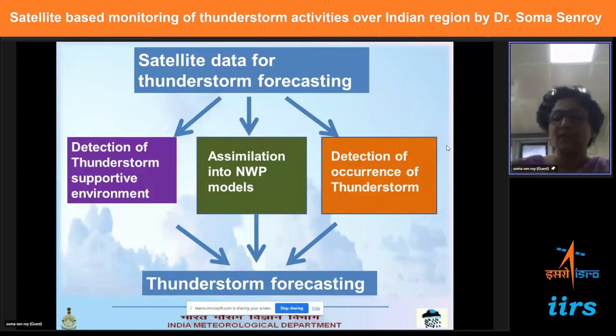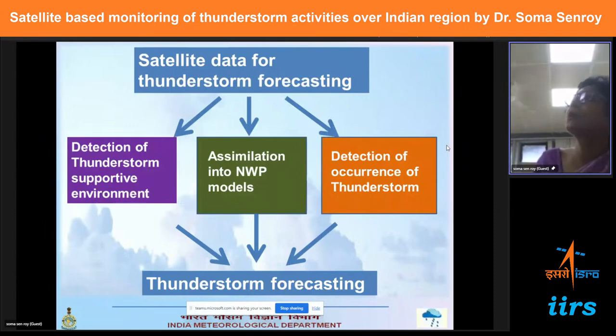And I'm not talking of NWP models in general, but also mesoscale NWP models, which take the initial conditions from global NWP models, and satellite data is assimilated in both the mesoscale models as well as global models. Satellite data per se forms a very significant component of the second kind of usage of satellite data.